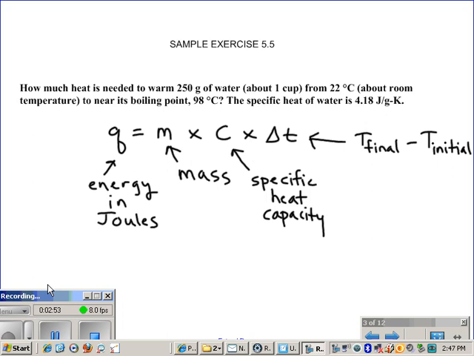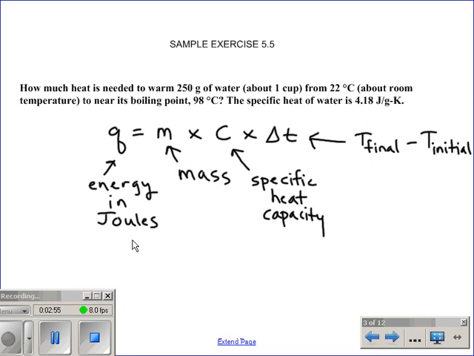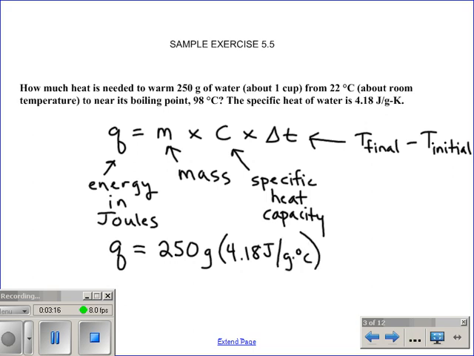That's actually what we're solving for. And our mass that they gave us was 250 grams. Our specific heat of water is 4.18 joules per gram degree Celsius. So it has 3 units, one on the numerator and 2 on the denominator. And then our last is our delta T.